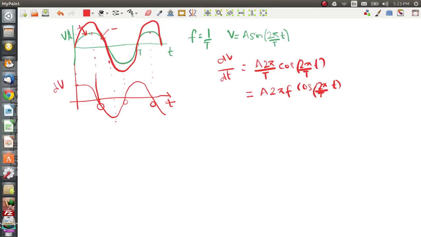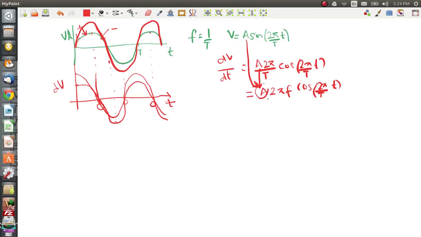I need to have a higher differential, because the slope here is higher than the slope of this waveform. So I start with a higher value, I still go through 0, and the same signal. That explains why A is there in my derivative as well.